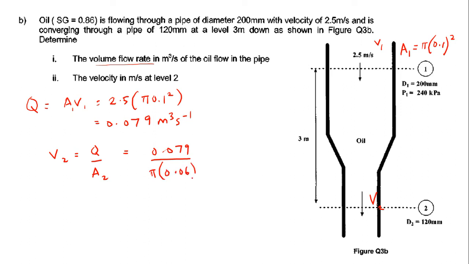For pi r square, r is half of 120, and in meter, so 0.06. And this is 6.985 meter per second. So it's higher. Velocity 1 is 2.5, velocity 2 is 6.9. So it's logical, the smaller the pipe, the higher the velocity.